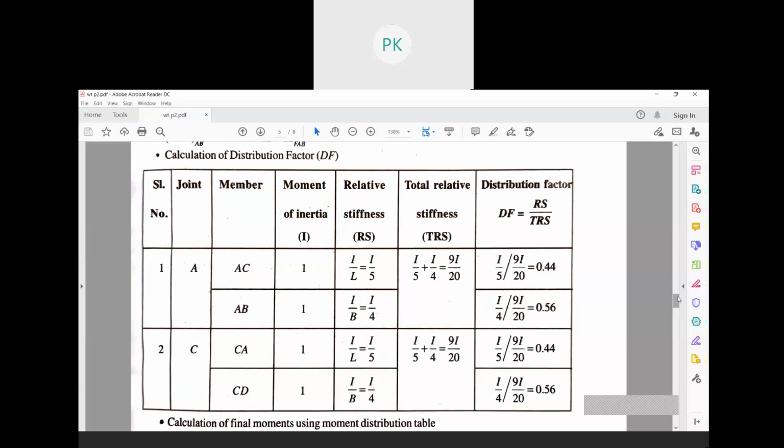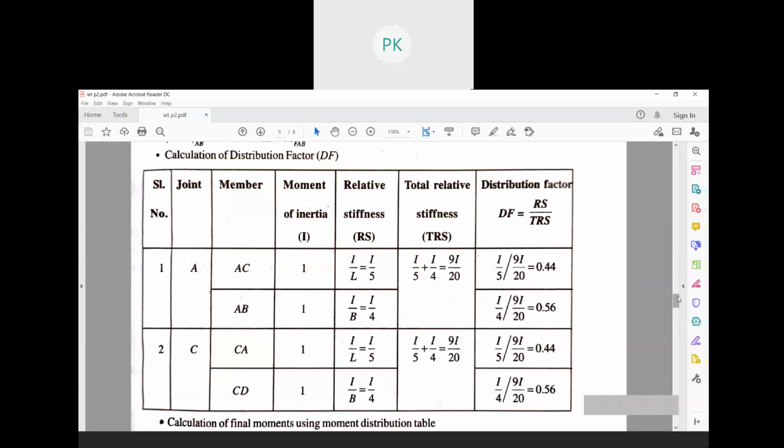Similarly, for joint C, for CA we have I by 5, for CD we have I by 4. So total relative stiffness we have I by 5 plus I by 4, which is equal to 9I by 20. Then to calculate the distribution factor, we have to use this formula. Distribution factor is equal to relative stiffness over total relative stiffness.